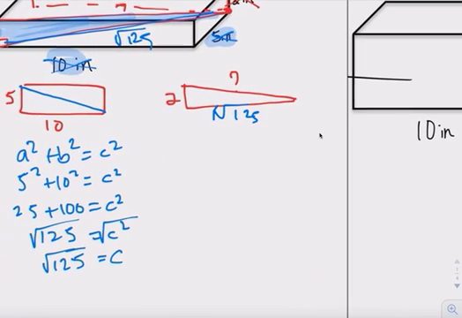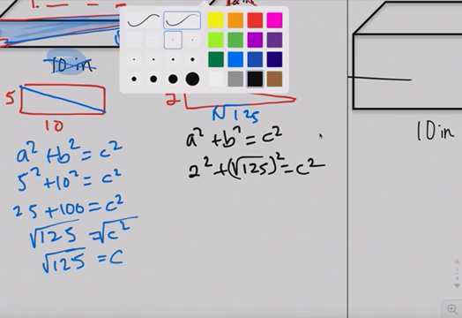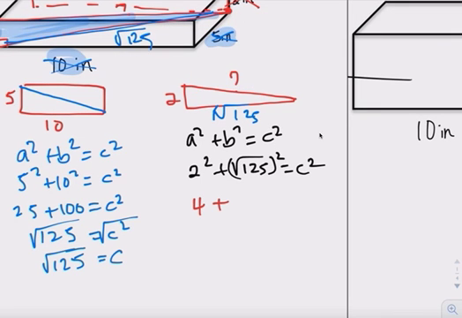So here now we got that one. We do a squared plus b squared equals c squared, okay? A is 2 squared plus the square root of 125 squared equals c squared. Now put on your calculator the square root of 2 squared is 4. Put this in your calculator, and then to the power of 2, you should get 125. It's always itself.